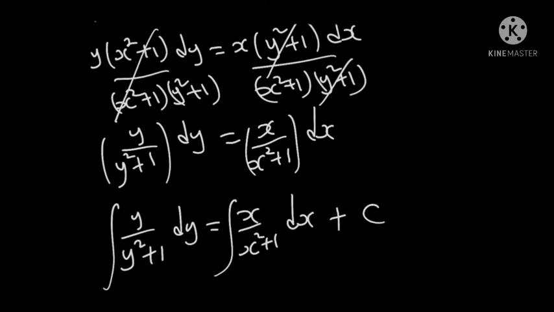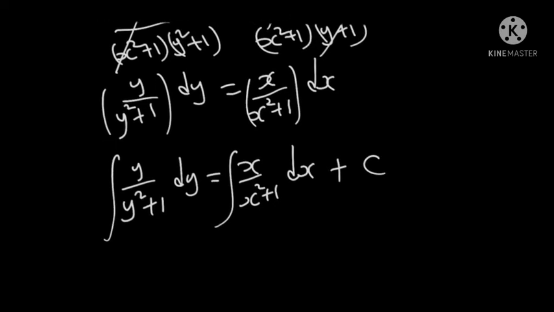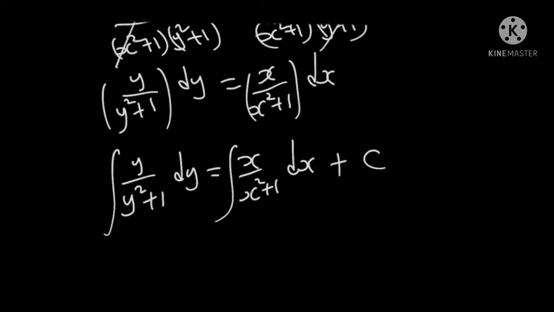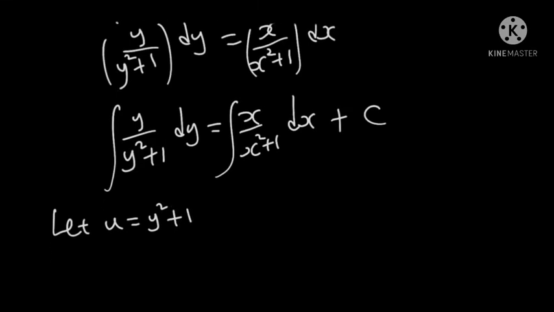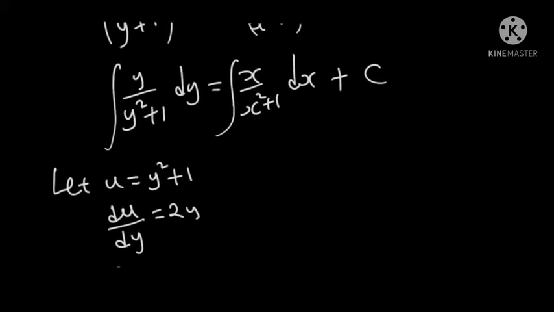Plus the constant of integration. For us to be able to integrate this equation, we need to use the technique of u substitution. Let u be equal to y squared plus 1, du over dy will be equal to 2y.